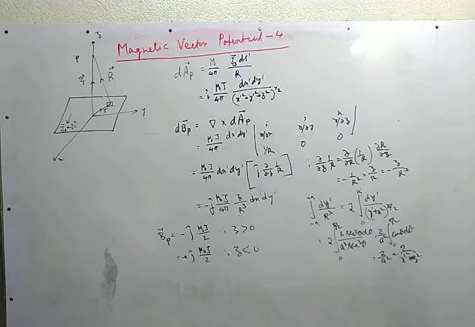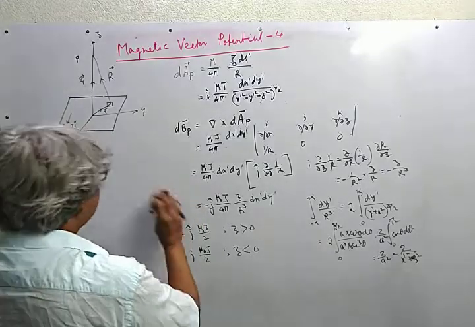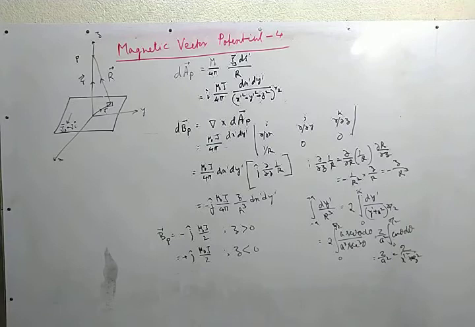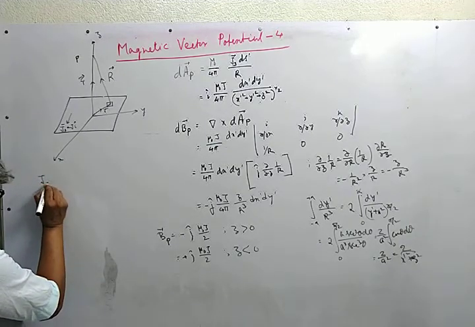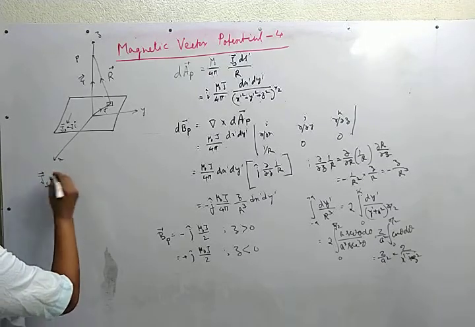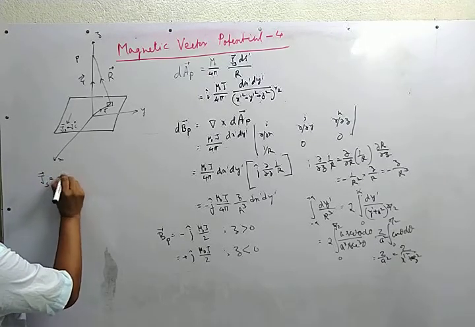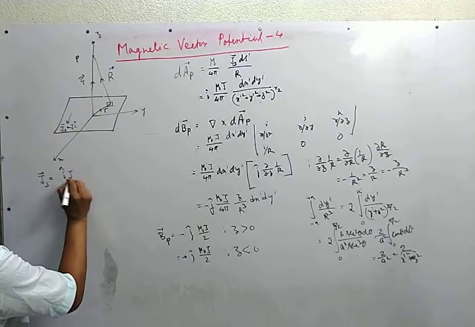Another type of example is the calculation of vector potential from the knowledge of magnetic field. We take this as an example. In this case current is flowing in the negative x direction.